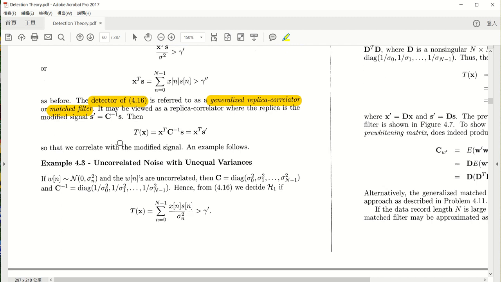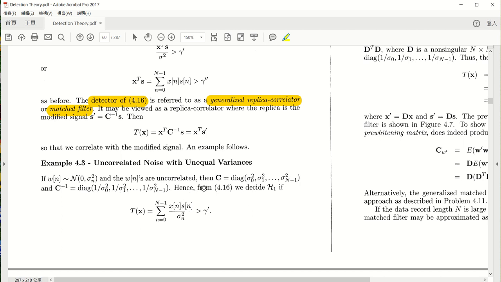Okay, so let's take a quick look at just a couple of examples. For example, this example 4.3, uncorrelated noise with unequal variance. So if this Wn is distributed like this and the Wn are uncorrelated, which means that its C is diagonal with this, then of course the C minus 1 will be simple. It will just put this sigma at the denominator.